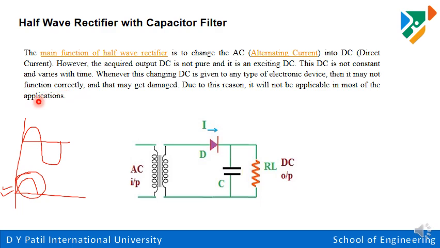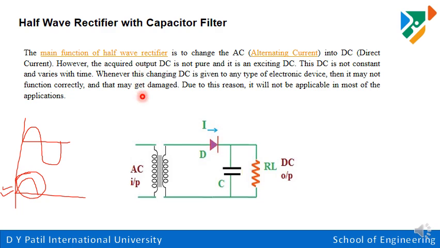So if we use only the rectifier circuit, it may not be suitable. We require a DC that does not change with time. To overcome this problem and get a smooth DC, we have a solution called a filter circuit.